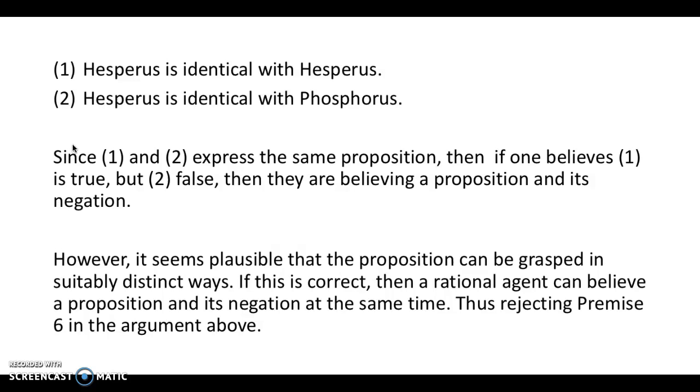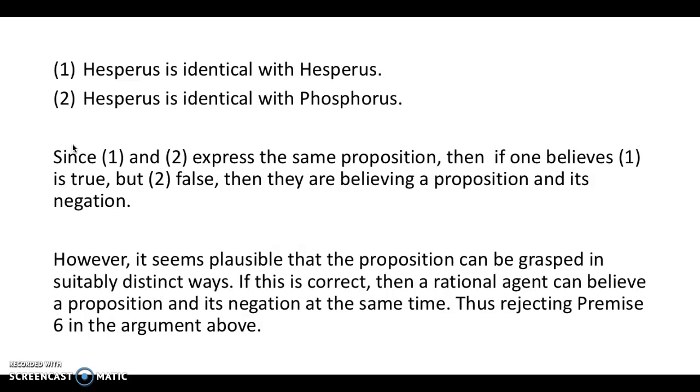And perhaps there can also be a different psychological state or a different way of believing that would be conducive to the disposition somebody would have to express that same proposition by uttering sentence two, Hesperus is identical to Phosphorus. So while a rational agent can perhaps entertain or grasp the same proposition, they can do so in different ways. And we can see that they can do so in different ways because they are disposed to expressing this proposition by using different sentences.